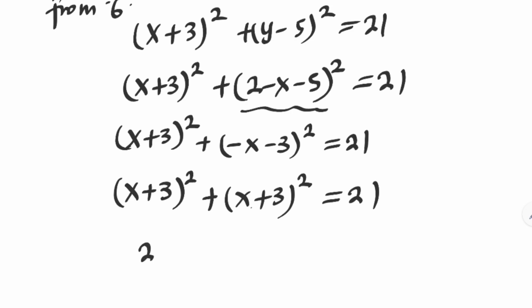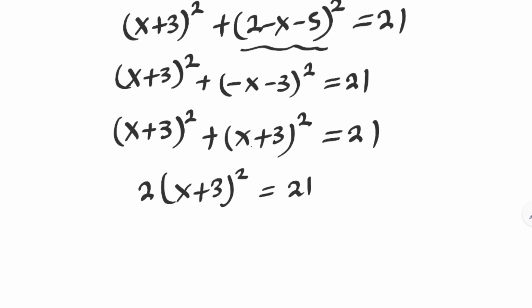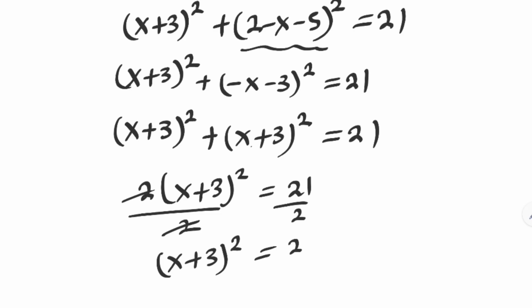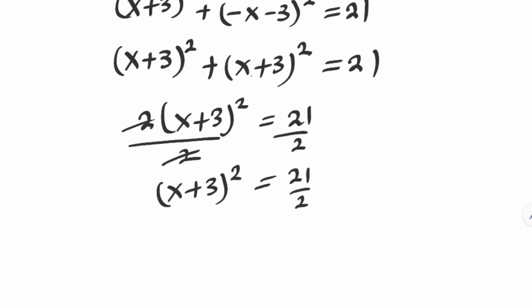This is 2 bracket (x plus 3) all squared is equal to 21. Now let's divide both sides by 2. These two cancel these two. (x plus 3) all squared is equal to 21 over 2.